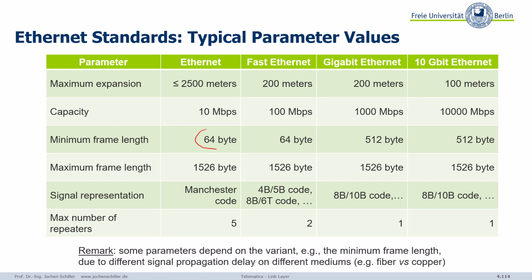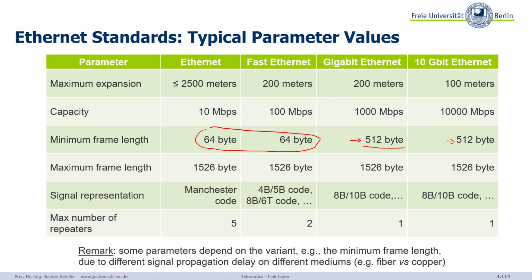We learned we need a certain minimum length due to the problems with CSMA/CD. And you see for gigabit Ethernet, this is longer. Why? Well, you can imagine you send more bits per second, but we have to maintain a certain minimum duration of listening to the medium. And this is why the packet has to be longer.